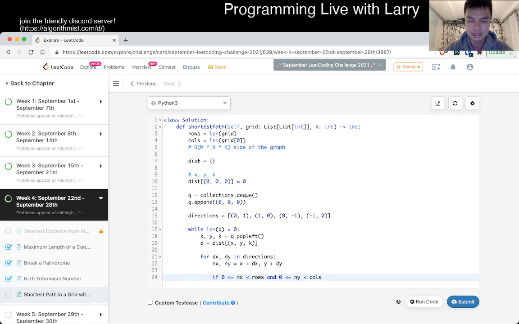Okay, so it's this, and well, we haven't seen it yet because it's breadth first search. So we have to do new k, which we haven't done yet.